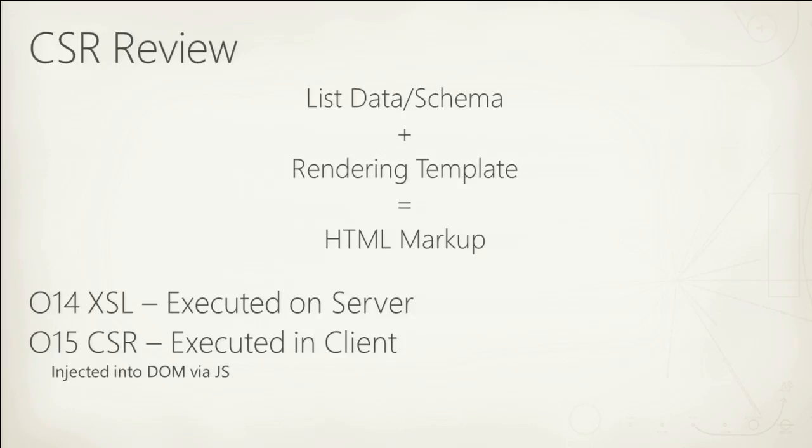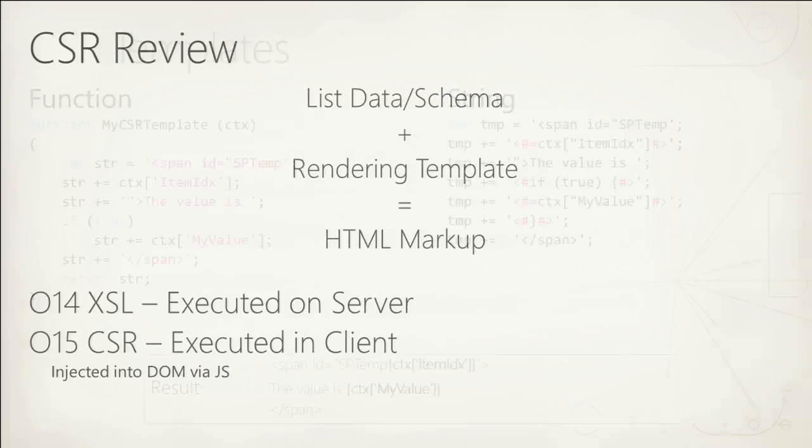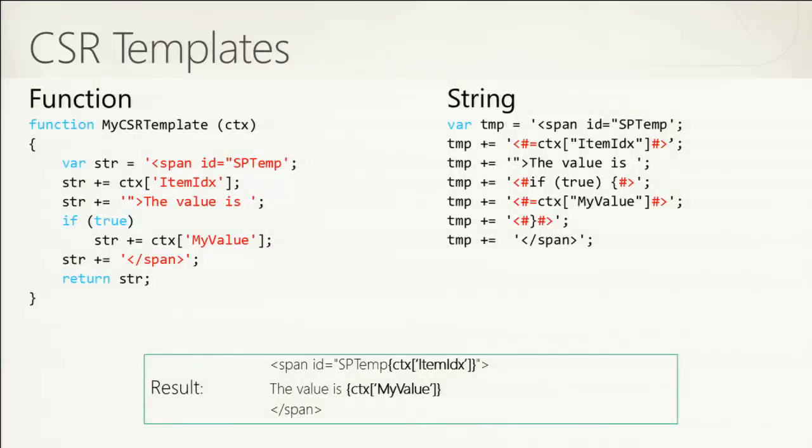Then we execute those templates on the data at the given time. This gives us huge advantages of all the AJAX goodness that you would expect from a modern web application. Once we've rendered that HTML, we've generated that markup, we insert it into the DOM via innerHTML and similar techniques.